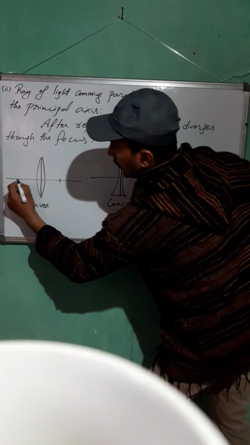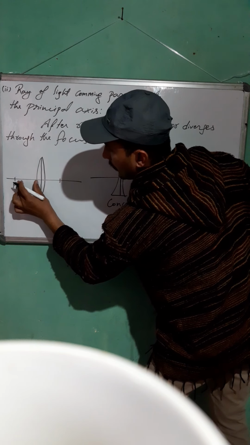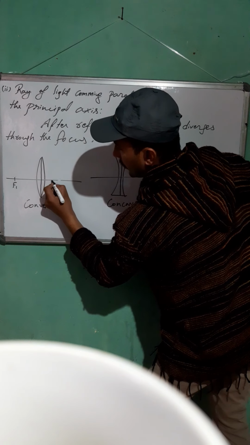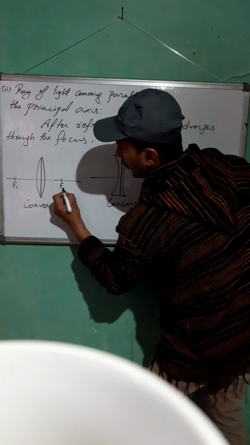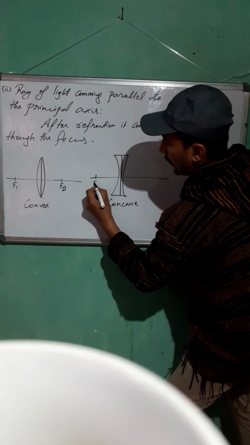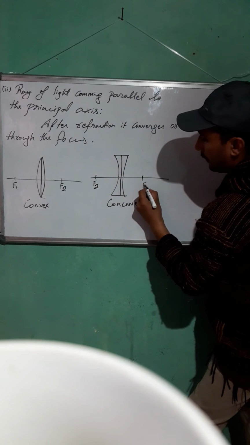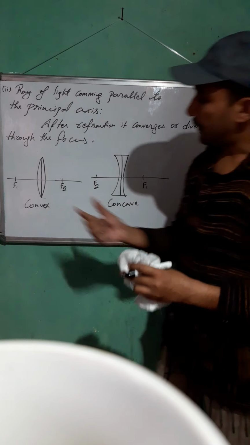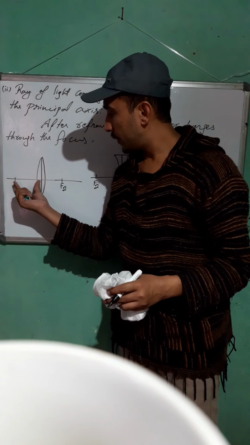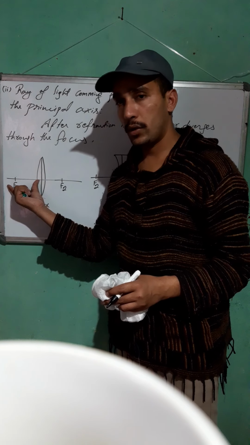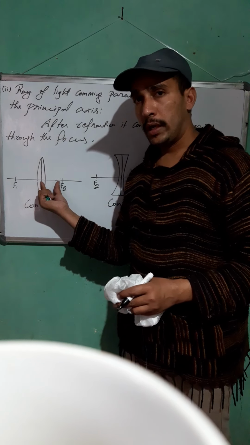So this side will be F1, and the same length on this side will be F2. You have to take the same distance. You can take 2 centimeters from the optical center to F1, and 2 centimeters from the optical center to F2.